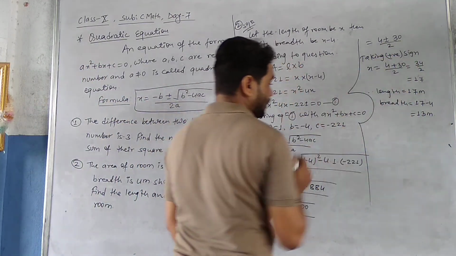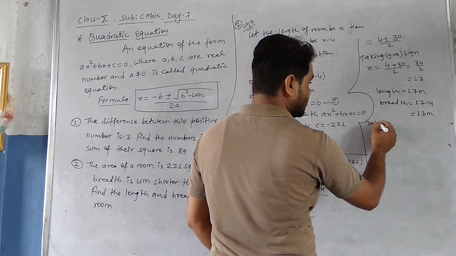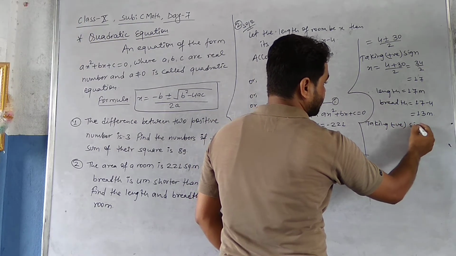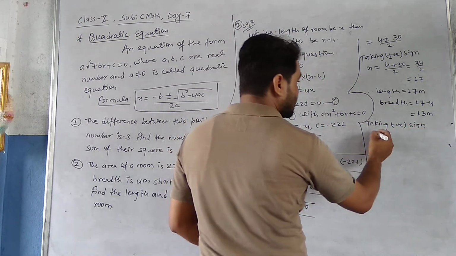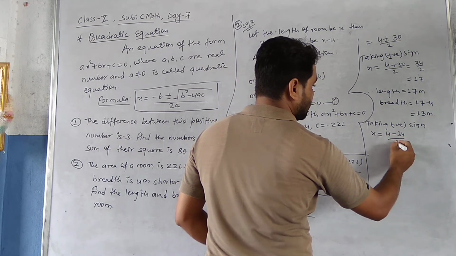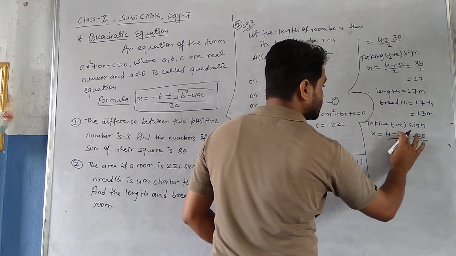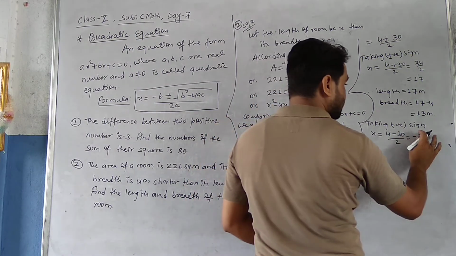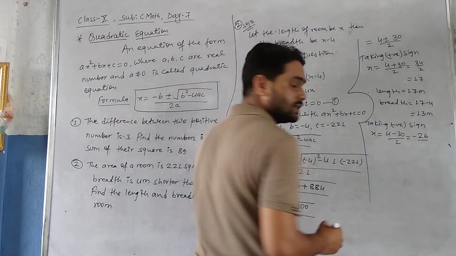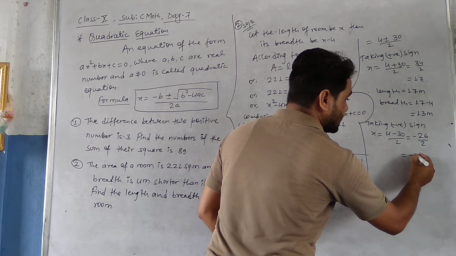For the positive one, now let's take the negative one. Taking negative sign, x equals 4 minus 30 by 2, that is minus 26 by 2, we get minus 13.